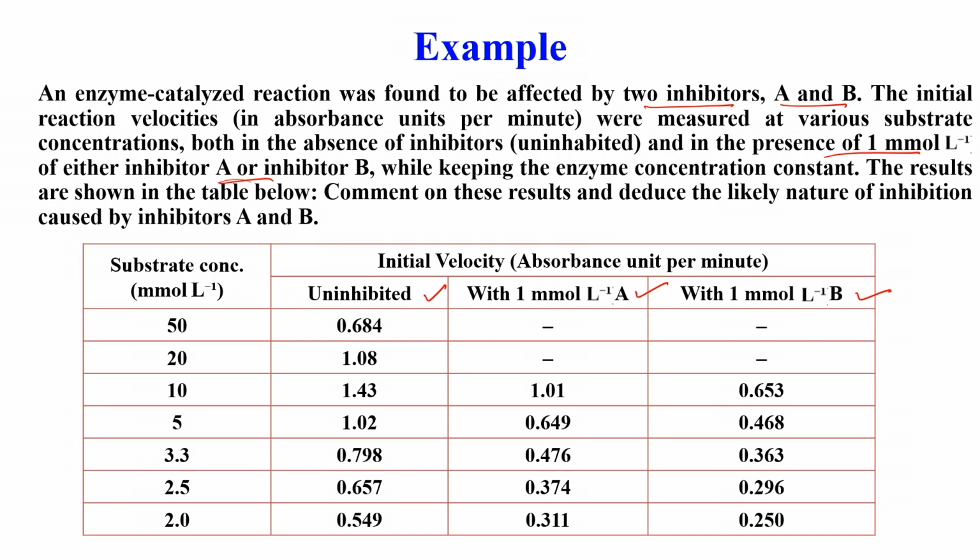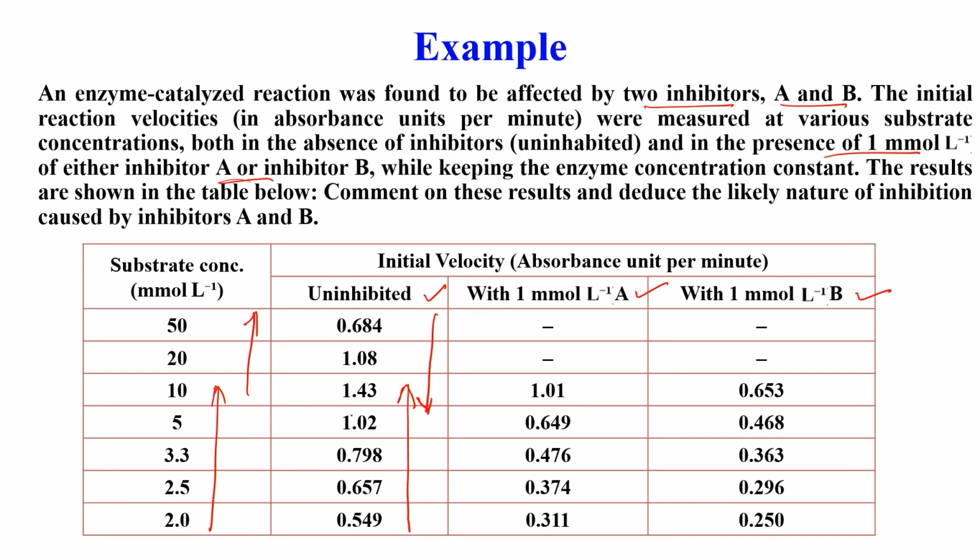What we saw is that from 2 to 10, when you are increasing the substrate concentration, there is an increase in the reaction rate, but when you are increasing from 10 to 50, there is a decrease in the reaction rate.